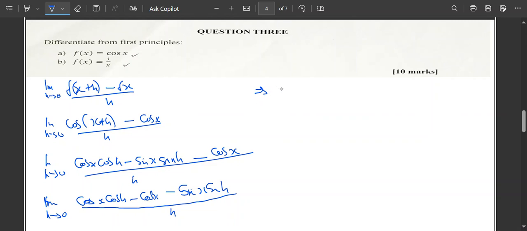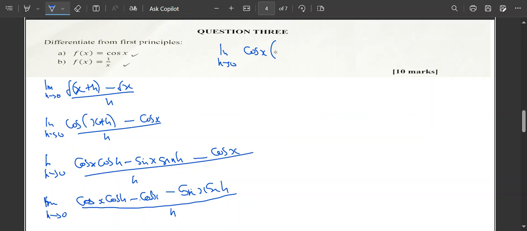So what I'm going to do is I can factor out between these two. By the way, I don't have to leave that word lim. So I'll write from here. I'll say lim as h approaches 0. So here we have cos x and cos x there. Cos x is common.